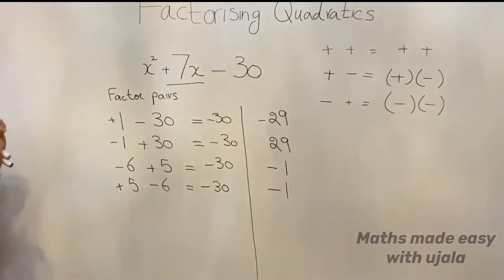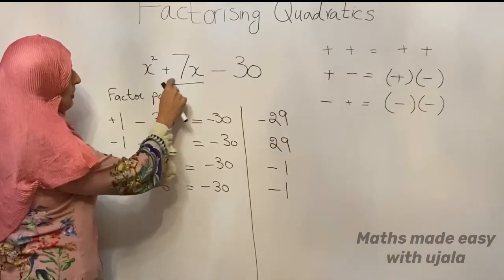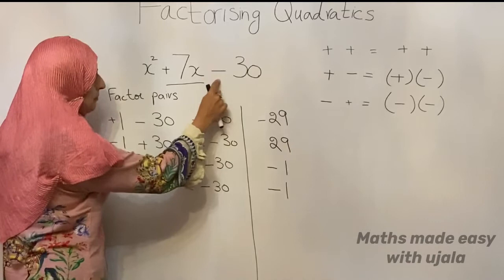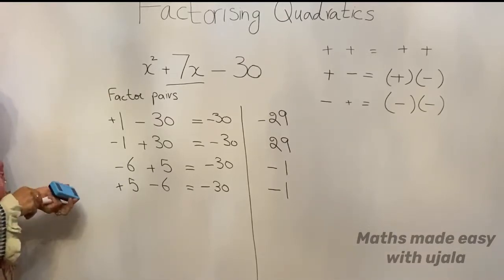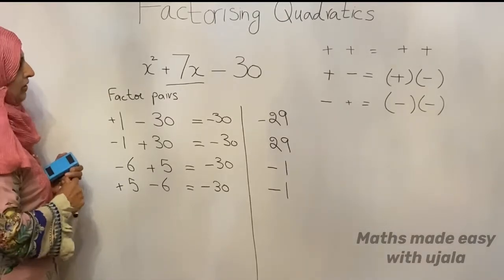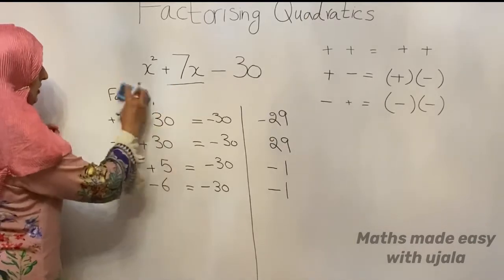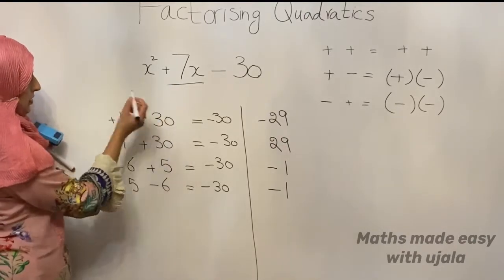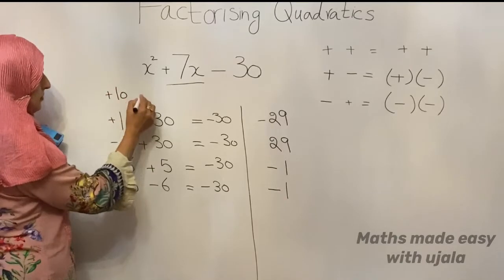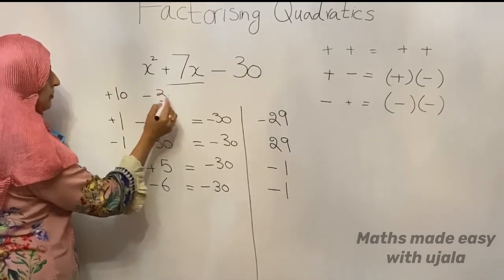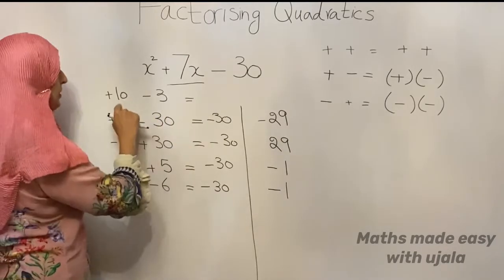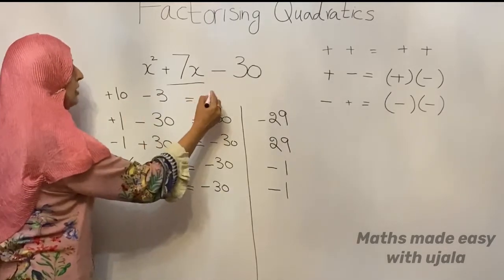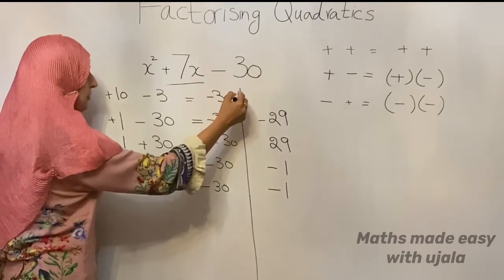So we know that the first term will be plus and the second term will be minus. I've got another pair: plus 10 minus 3. 10 times 3 is 30, plus times minus, so the answer is minus 30.